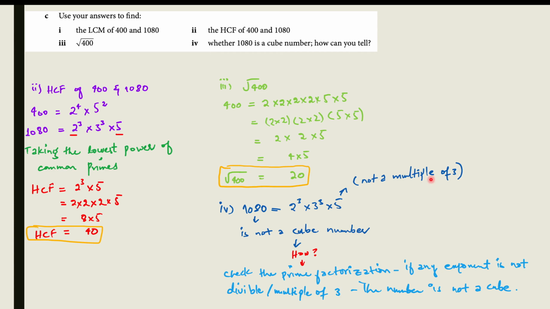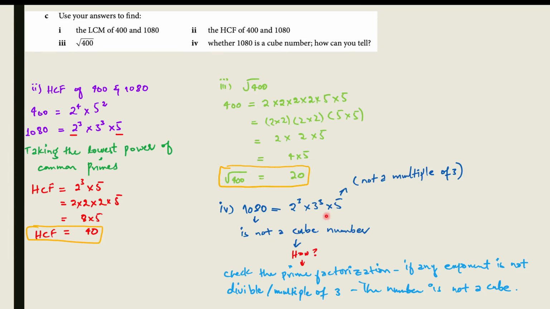So we check the prime factorization. If any exponent is not divisible by 3 or a multiple of 3, then we say that the number is not a cube. So again, using the product of prime factors, we identify if a number is a cube number or a square number.